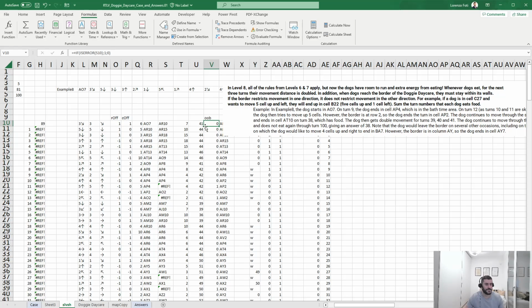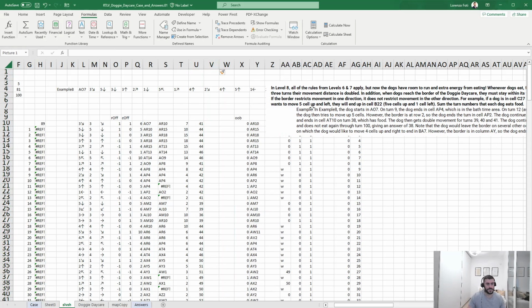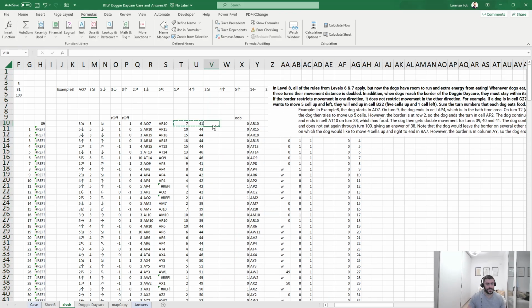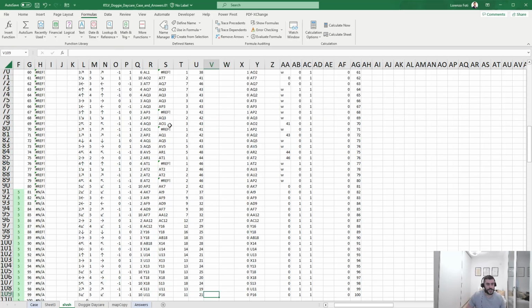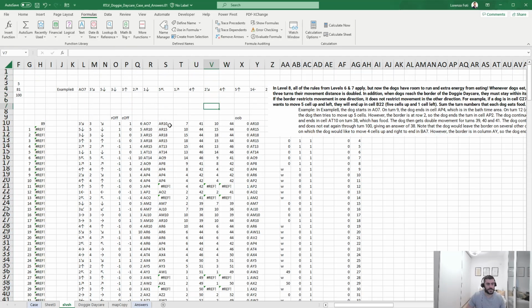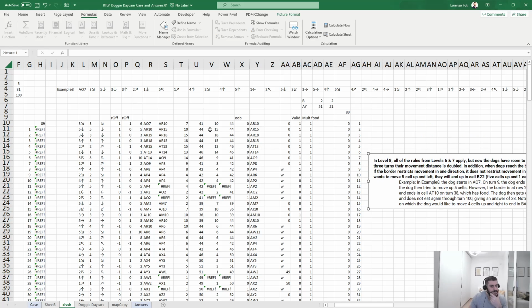So it's not good, because I need to do the same thing here and check the out of bound also from a row and column perspective.